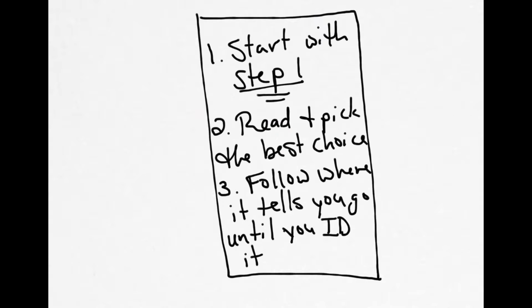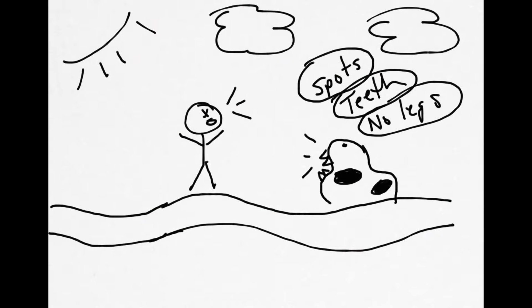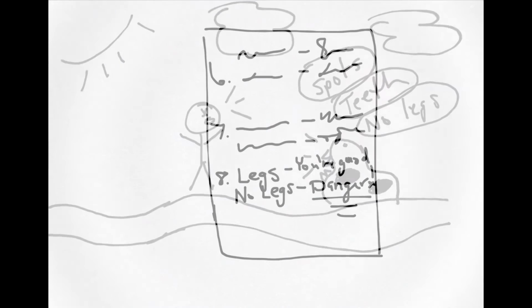I'm going to go down to step number 7, and then I'm presented with another pair of choices. And just like before, based on what I see in said unknown animal, I will choose the best choice and then follow the directions wherever it takes me. Okay, and I will continue that process until I hit the name of that unknown animal.